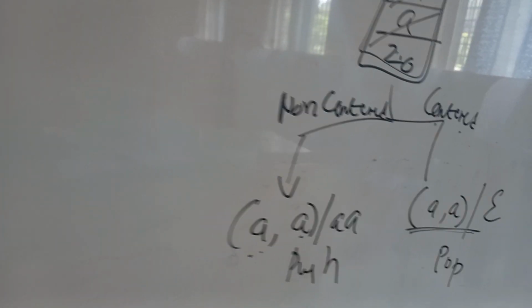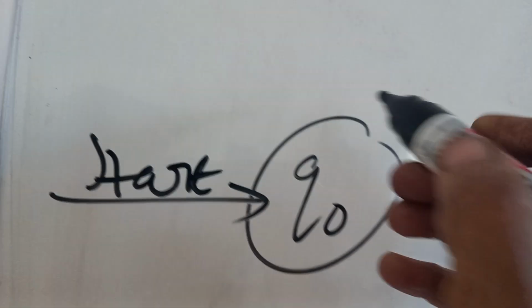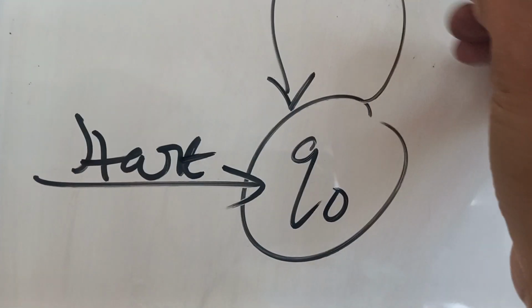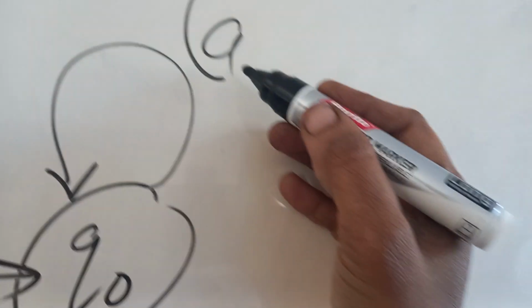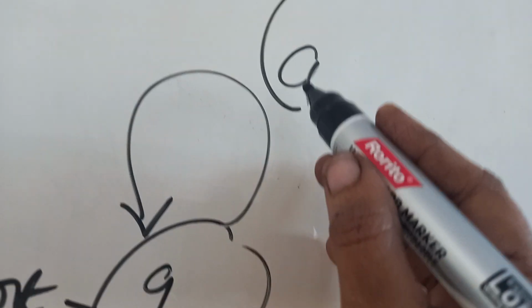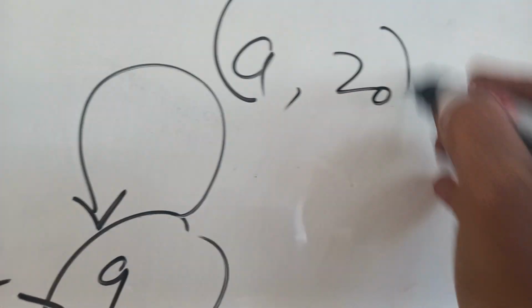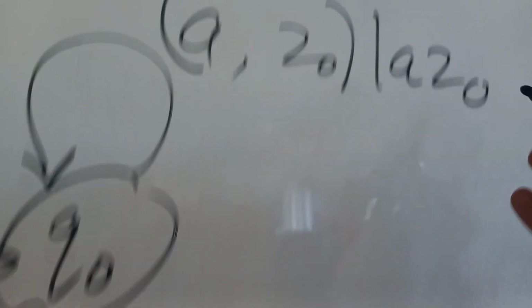So let me solve the problem by constructing the PDA. The push down automata for the given problem is, the initial state is Q0. Okay, the string can start with A or it can start with a B. Suppose the input symbol is A and the top of the stack is Z0, we push that onto the top of the stack.